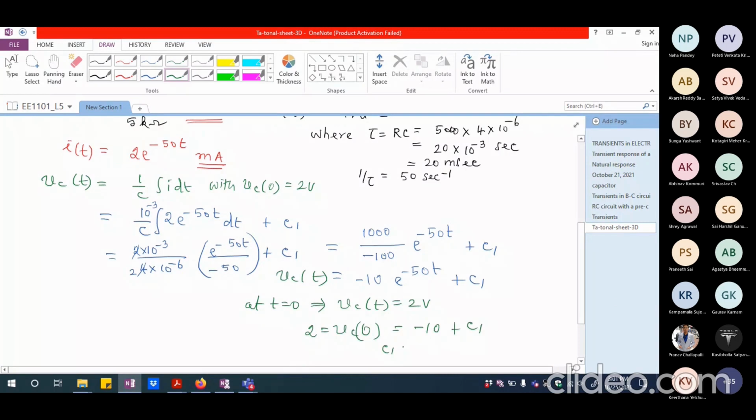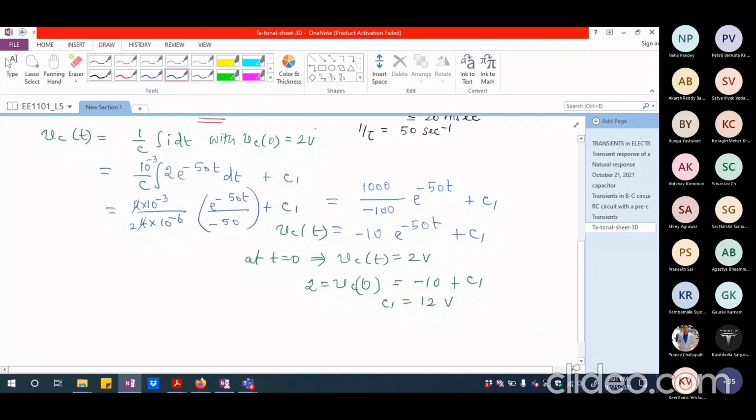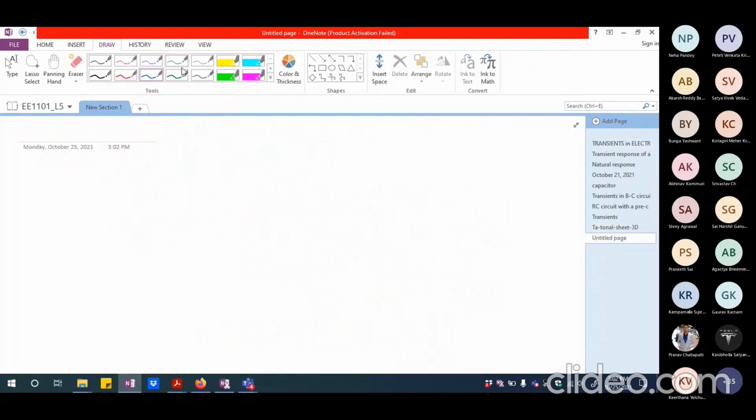So C1 is going to be 12 volts. Correct? So I should be able to write this as Vc of t equal to 12 minus 10 e power minus 50t volts.